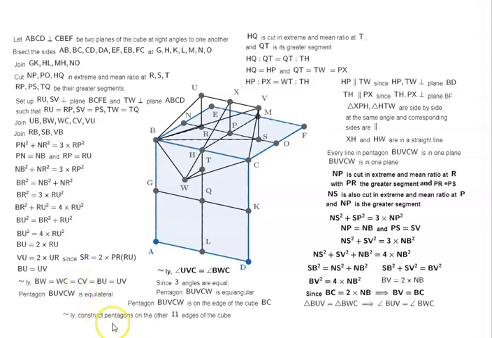Similarly, we construct pentagons on the other 11 edges of the cube. So that means we have a solid which is made up of 12 equilateral equiangular pentagons, each of them lying in one plane. Let me just show you the completed dodecahedron.